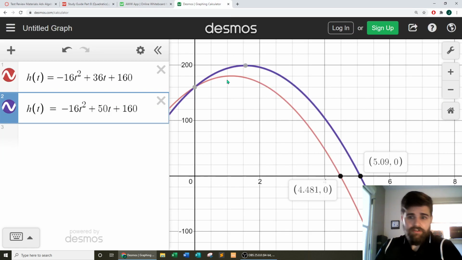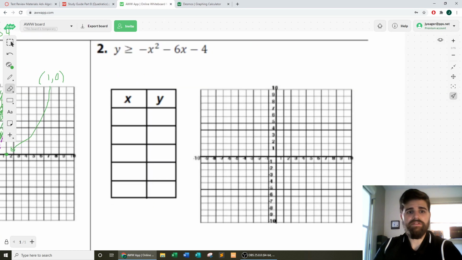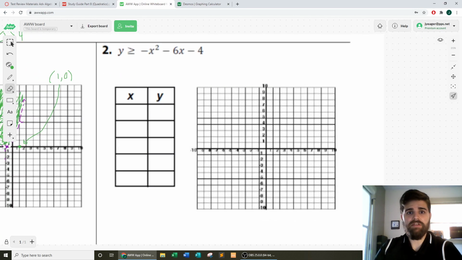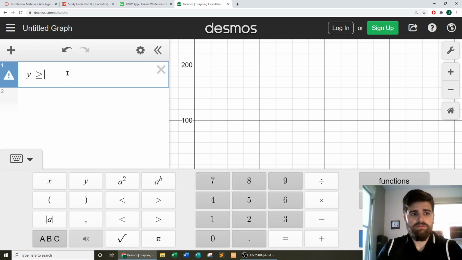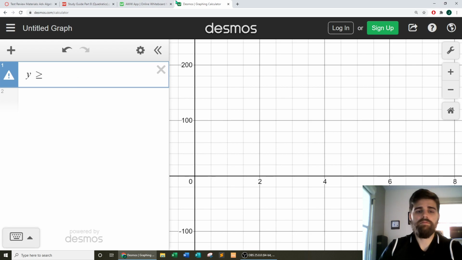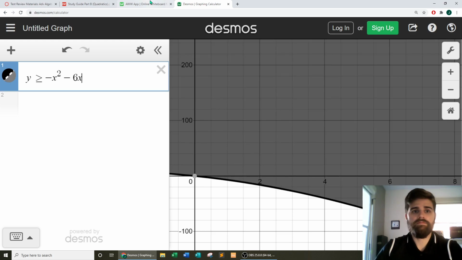Also, a good thing to note is that Desmos can do this. Desmos should be able to handle this. So let's see if I can just plug this one into Desmos and get my answer here. Y greater than -x squared minus 6x plus 4. So y is greater than or equal to, again, -x squared minus 6x plus 4.